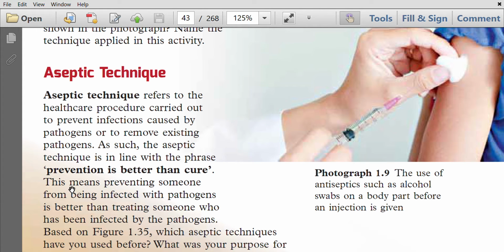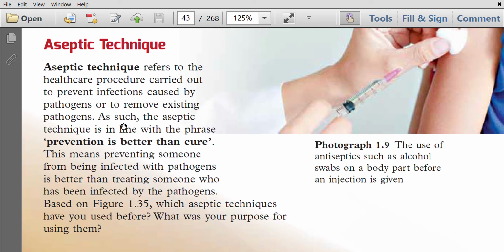As such, the aseptic technique is in line with the phrase called prevention is better than cure. This means preventing someone from being infected with pathogens is better than treating someone who has been infected by the pathogens. Mencegah lebih baik daripada merawat.